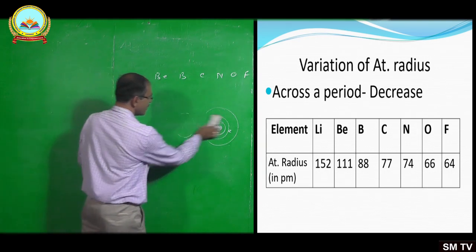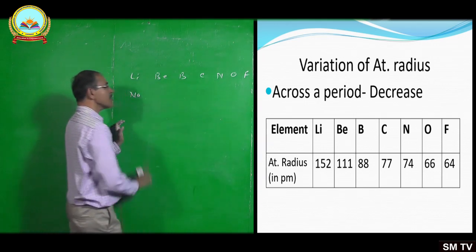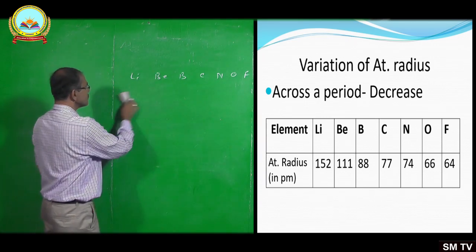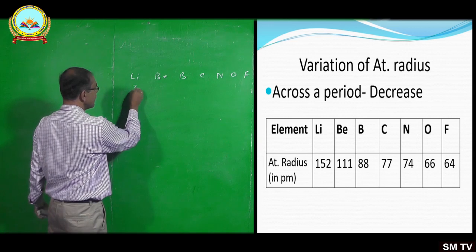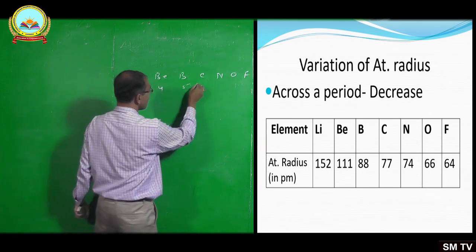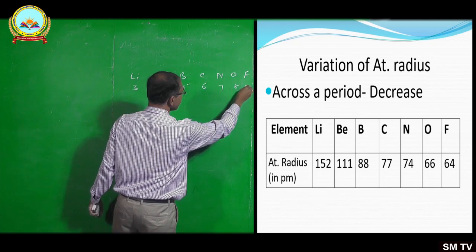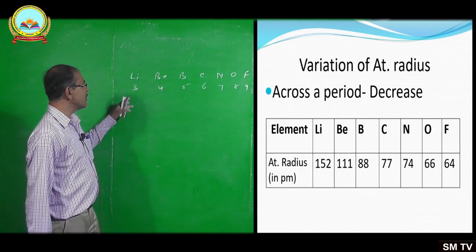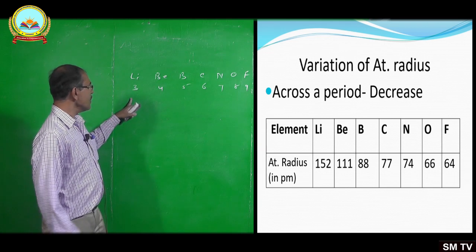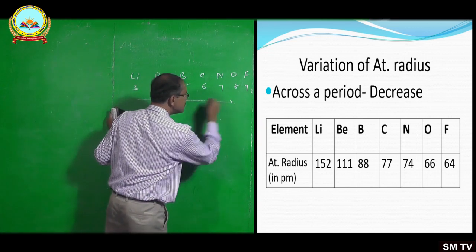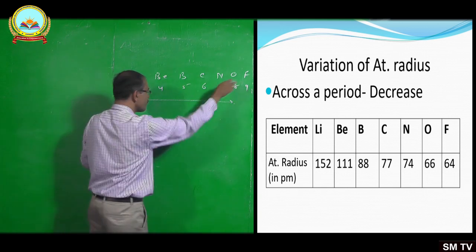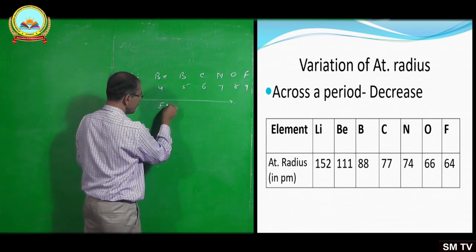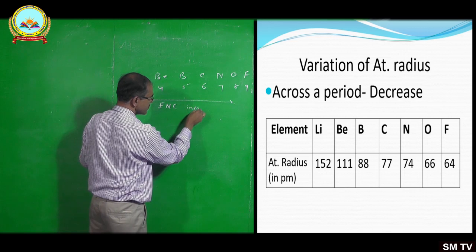So, let us see the trends in the periodic table. Lithium, atomic number 3, beryllium 4, 5, 6, 7, 8, 9. If you move like this, from lithium to fluorine, the effective nuclear charge increases.